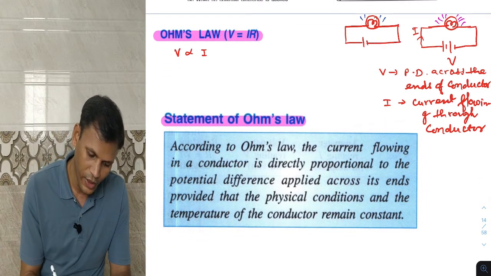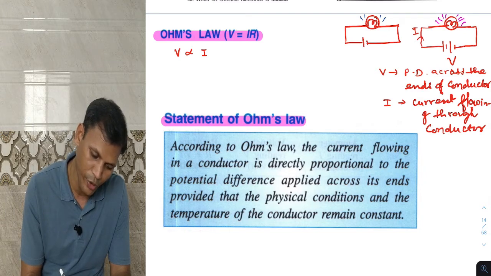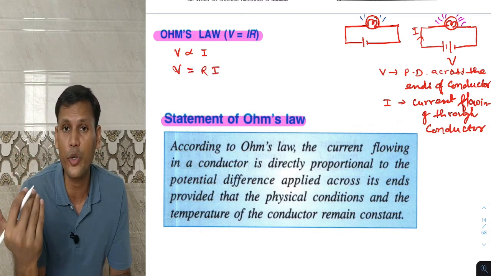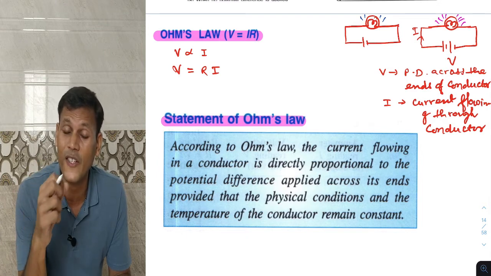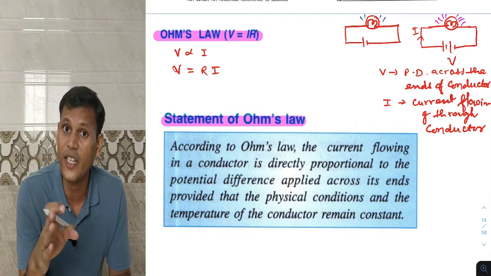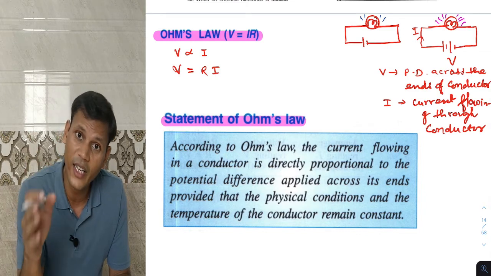Okay, we will do one more thing over here. As we have observed, V is directly proportional to I, so V is equal to RI, because as we remove the proportionality sign, we write some constant, and here that constant is R. The proportionality constant is R, which is called the resistance.